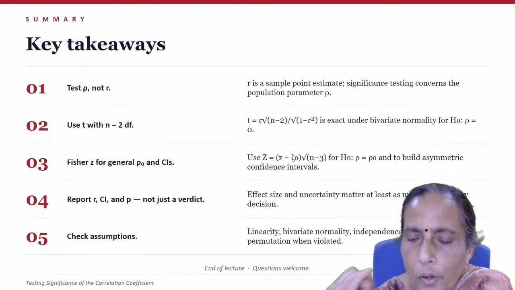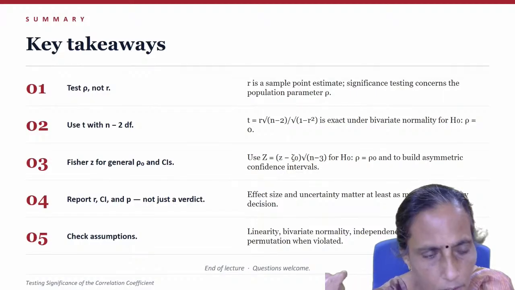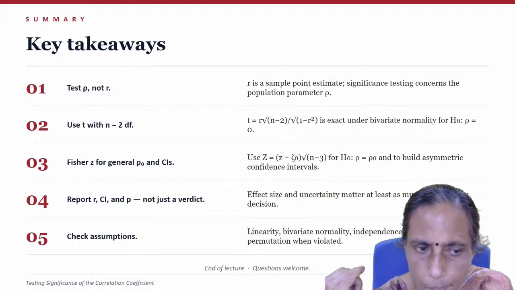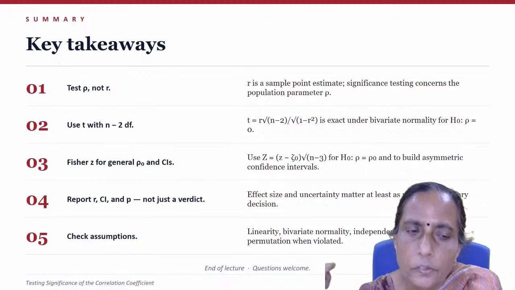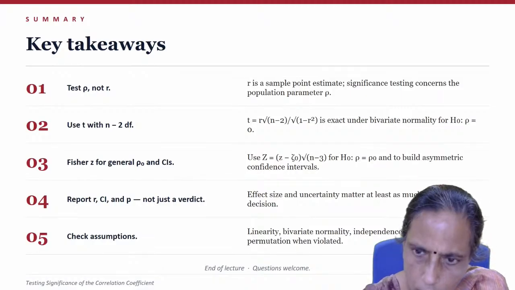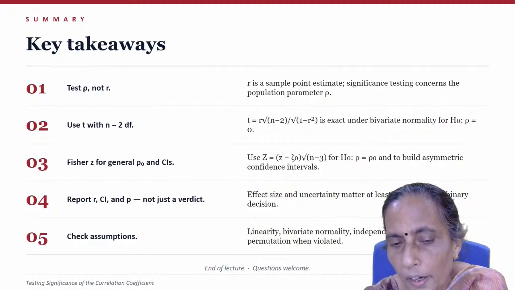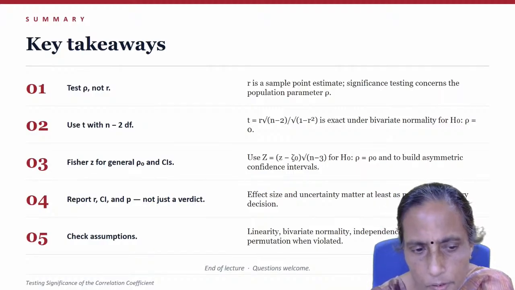It is exact under bivariate normality for H0: rho is equal to 0. And Fisher's z, generalizes to rho 0; use this for rho equal to rho 0 and to build asymmetric confidence intervals.